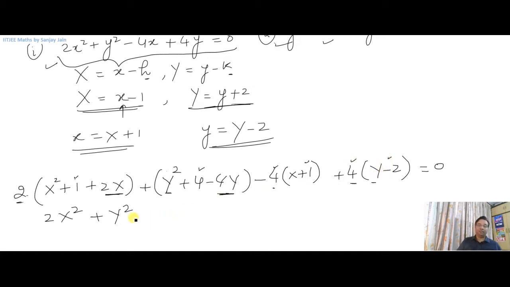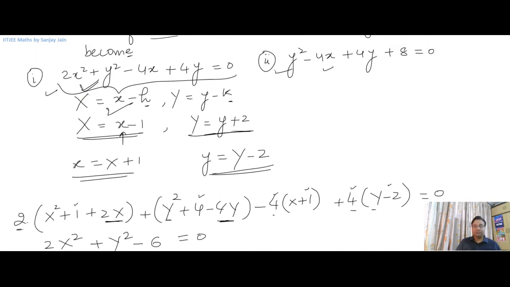So minus 6 will remain in the end, and it will be equal to 0. So the new equation that I was looking for is 2X squared plus Y squared is equal to 6. This was the first part of this question. This was the equation, and it has become 2X squared plus Y squared equals 6.